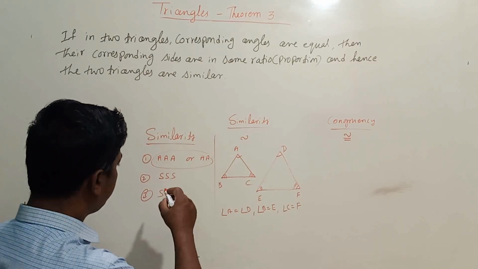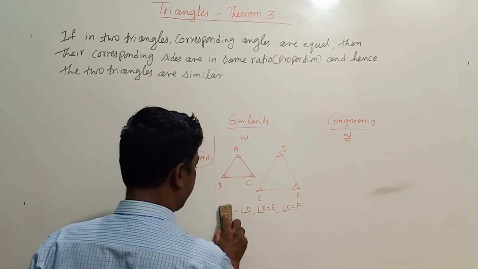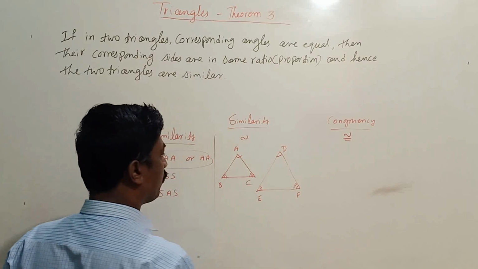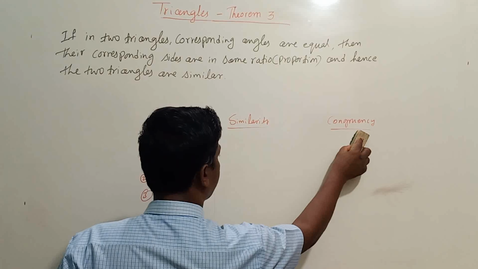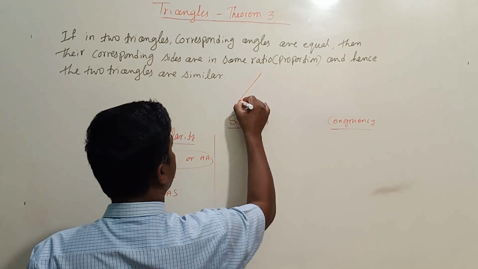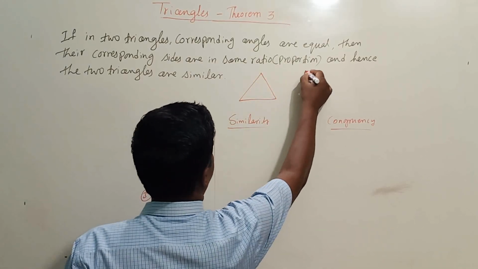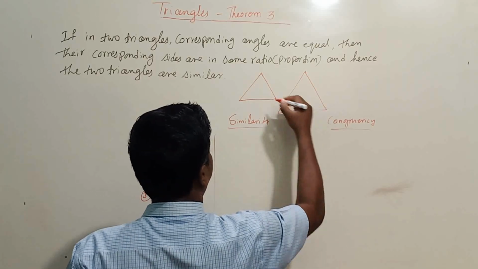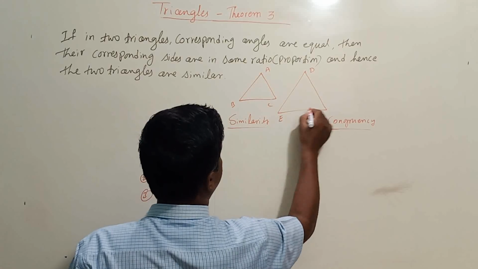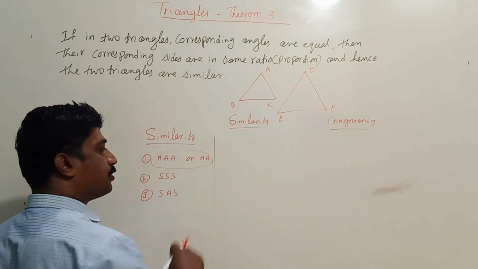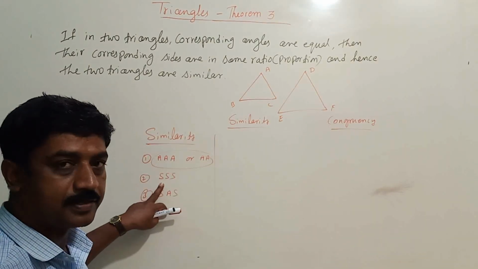So let us go to the SSS Similarity Criteria as well as the congruency. Let me draw this above so that you get the point. This is one triangle, and this is another triangle. This is ABC and this is DEF. How do you prove that these two are similar by SSS?